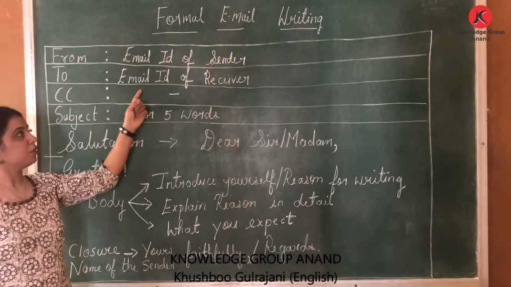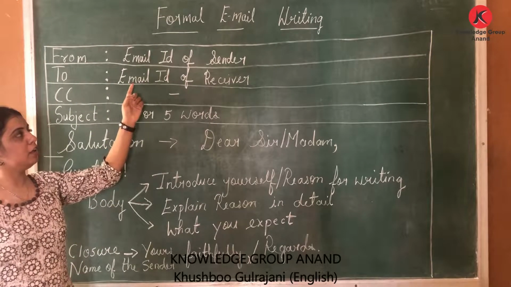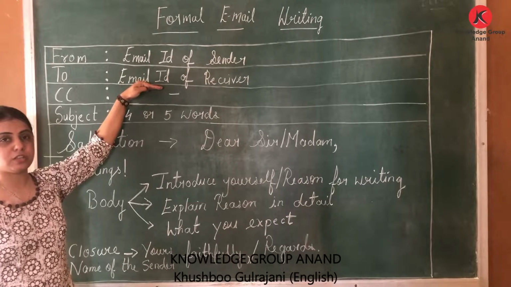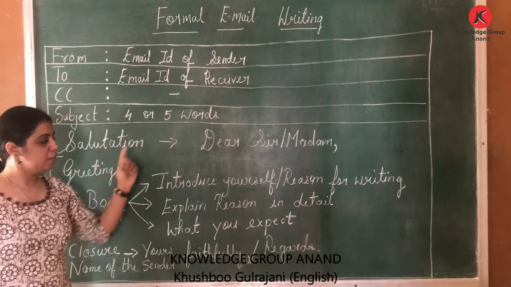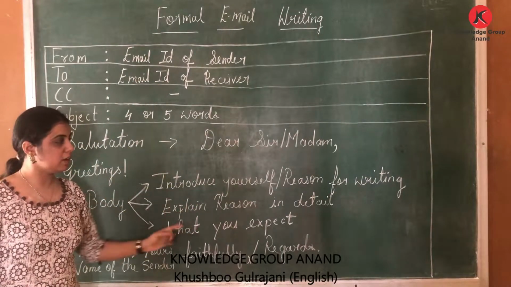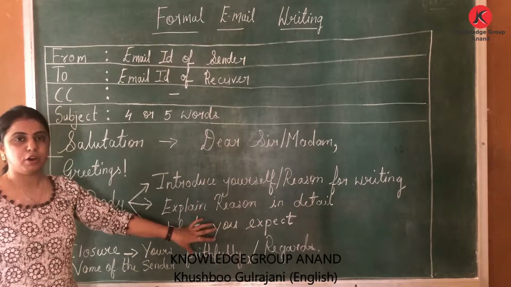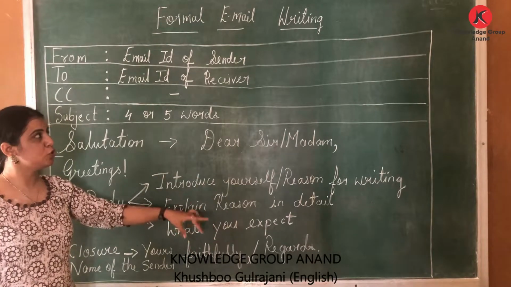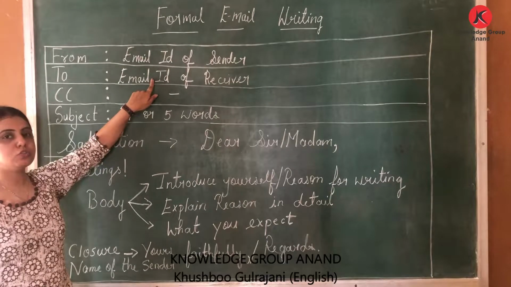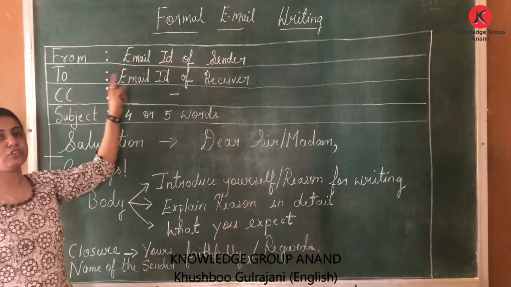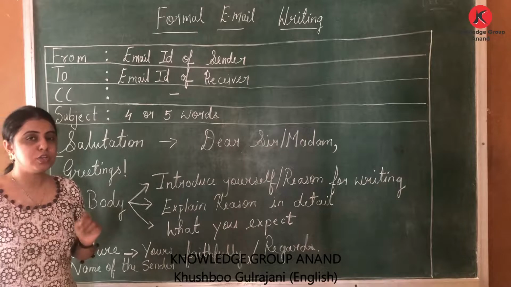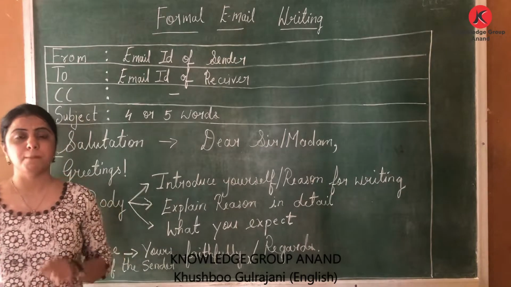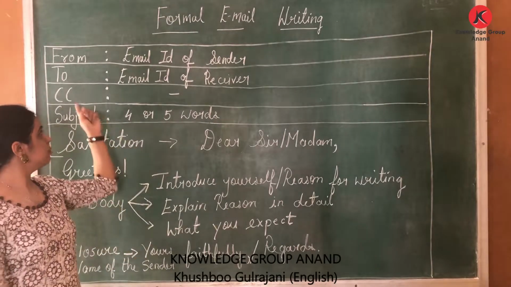Like for example, if I am writing the email IDs of my students in the To section and I am going to give an assignment in the upcoming body paragraph, then this assignment should be written by all the students whose email ID I have mentioned in the To section. I will also give the email ID of my HOD, my coordinator, or maybe my principal in CC.